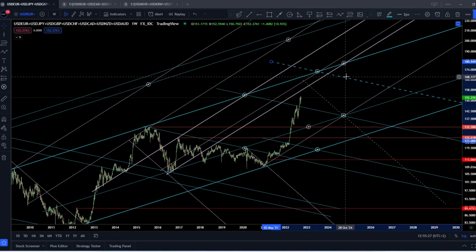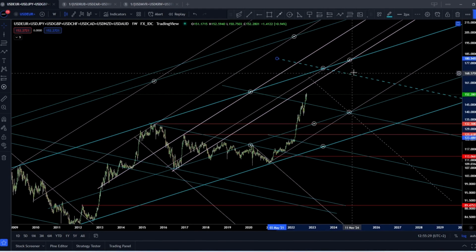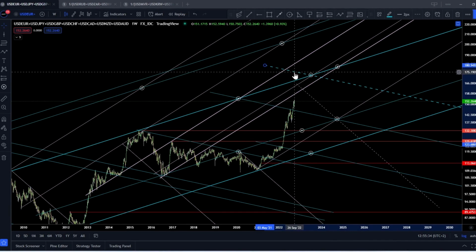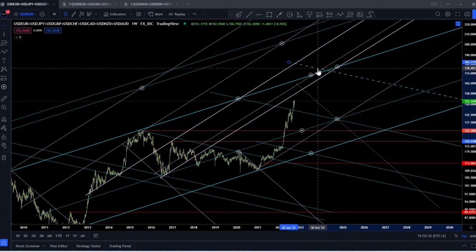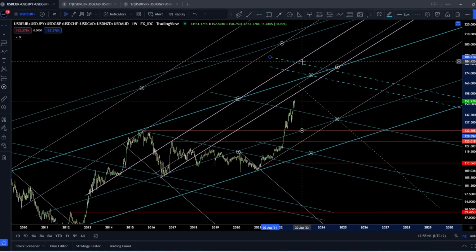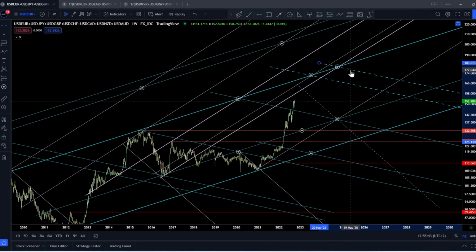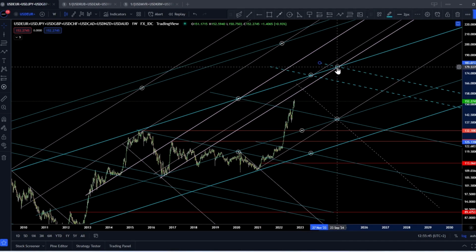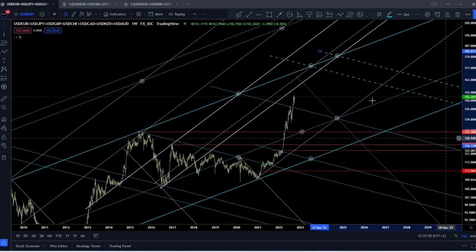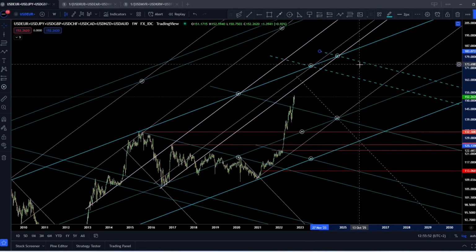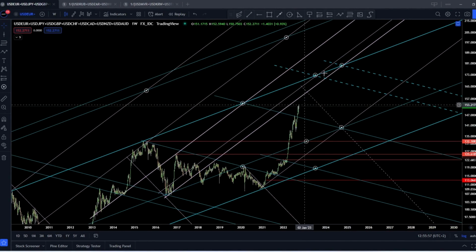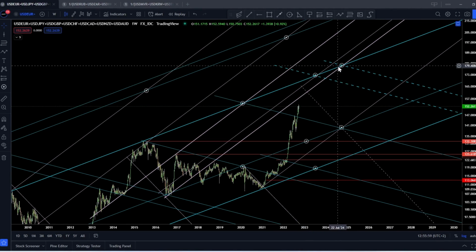So we could eventually take this dashed line and duplicate it here, and let me just copy the line and let a new line go through this other intersection, to establish a future resistance or target line on which to base our future decisions once the price gets there, and also in order to measure the magnitude of how far we can go.